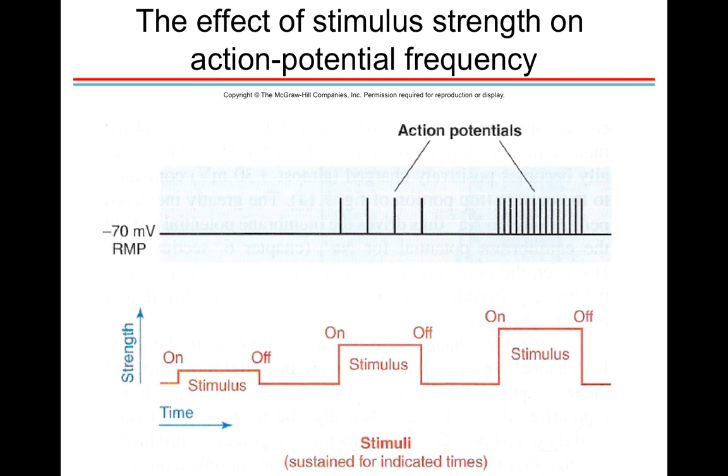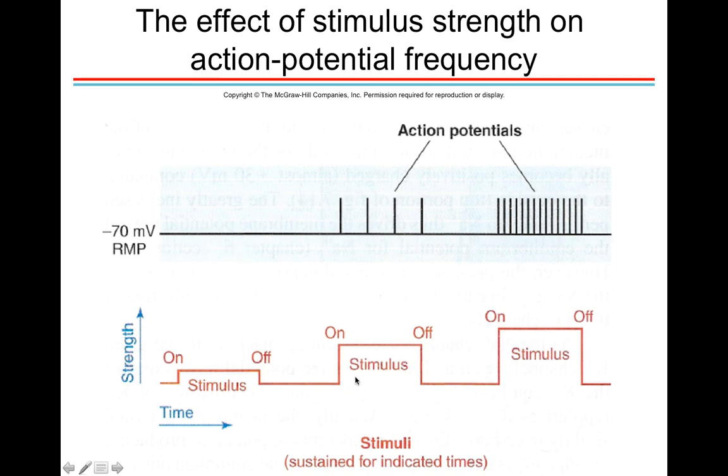So the next thing I want to show you is the effect of stimulus strength on action potential frequency. Over here, we see time on the x-axis and strength on the y-axis. If you have a very weak stimulus that doesn't hit the negative 60 millivolt membrane potential, guess what? You get no action potential at all.